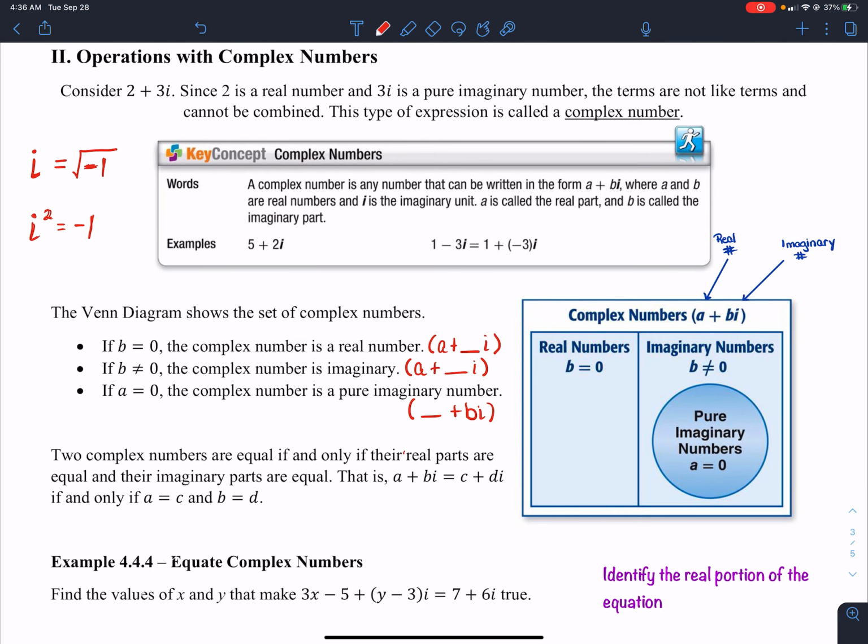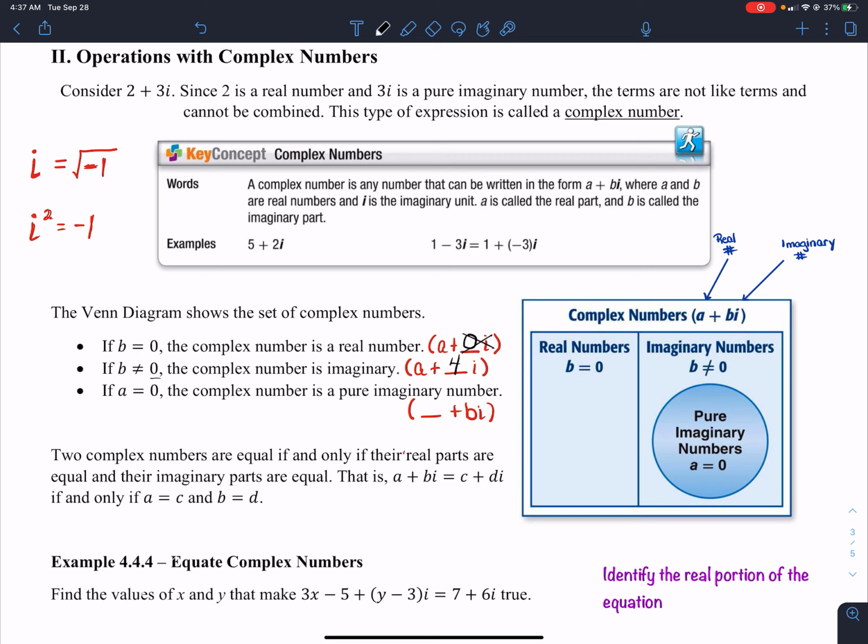So here, if we have a plus bi, if b were to be 0, then 0 times i would just be gone. So that would mean our answer is a real number. There's only a, and a is a real number. If b was some number other than 0, like 4i, for example, it's just a random number I put in, that would be okay.